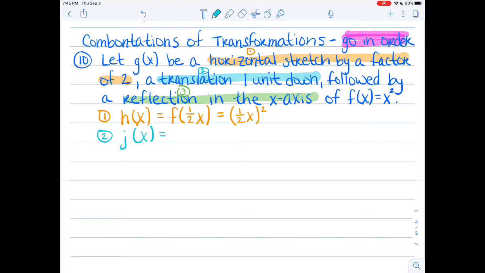Remember that that is just a number tacked on the end. So it's going to be our h of x function, and then because we're going down, it's a -1. So now h of x is 1/2 x squared, and then we tack on the -1.